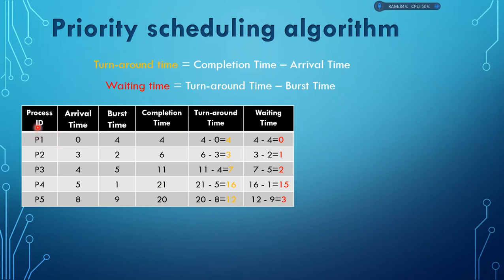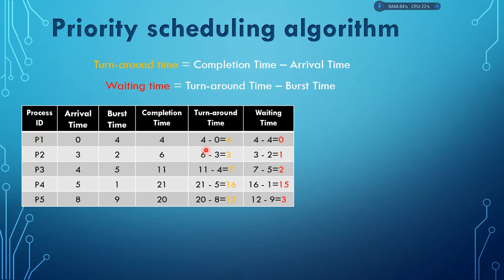For P1, the completion time is 4 and the arrival time is 0. The formula is: turnaround time is equal to completion time minus arrival time. So 4 minus 0 is equal to 4. So 4 is the turnaround time for P1.